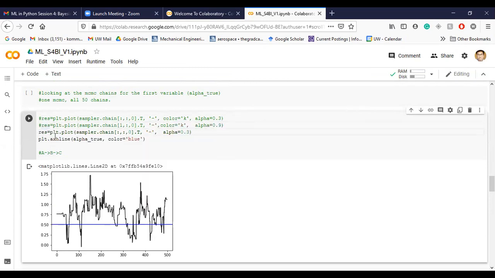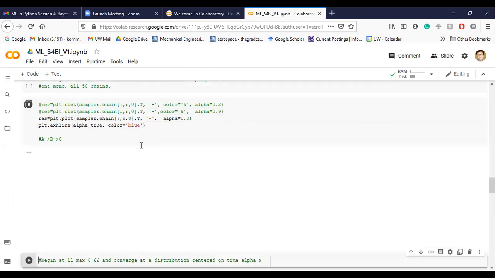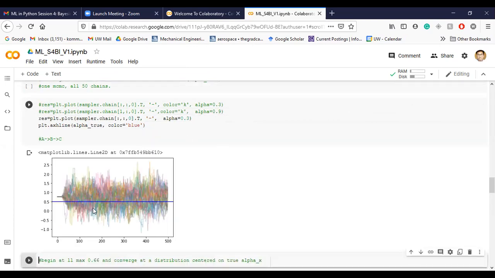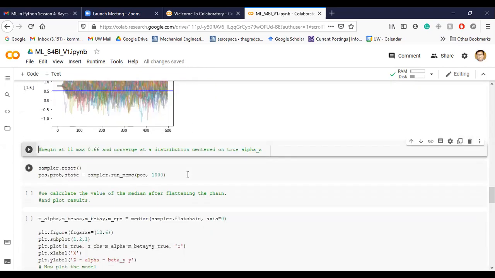I think it makes more sense to plot these in different colors. Each color corresponds to a different Markov chain, and you can see that towards the end they form a distribution which is more or less centered towards 0.5, but you can actually make a more quantitative guess than just vaguely looking at them.